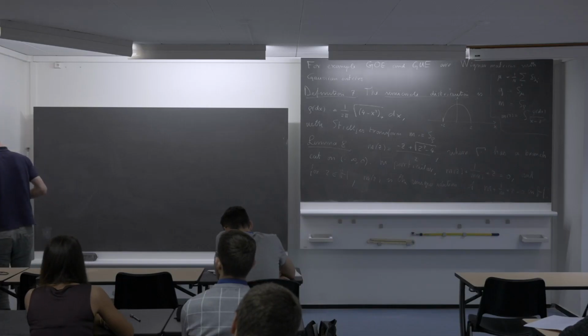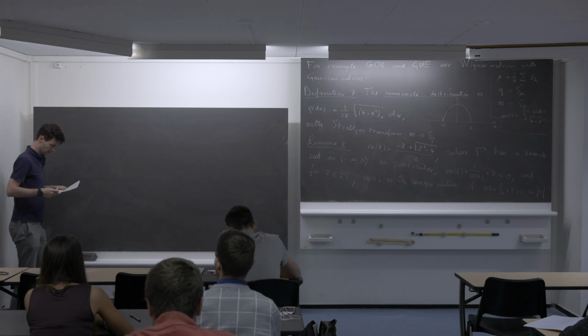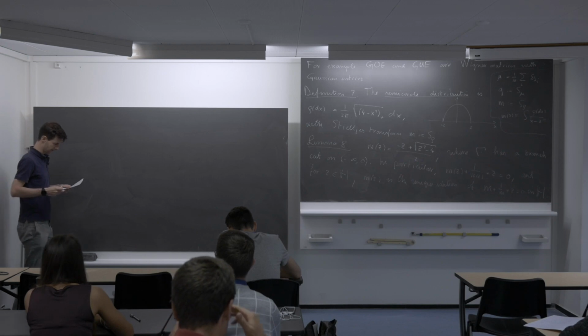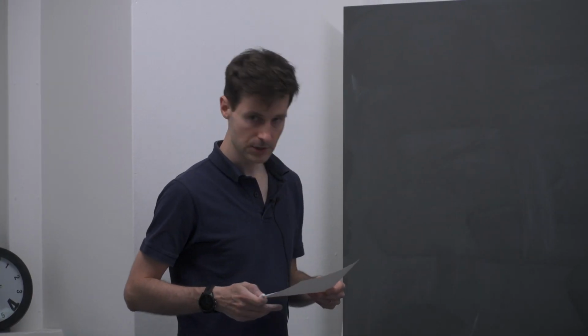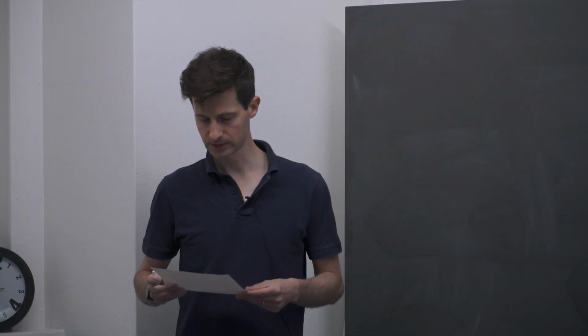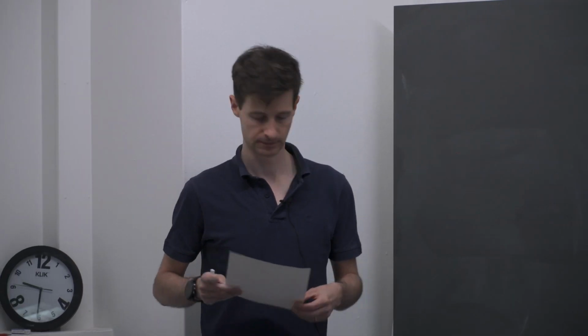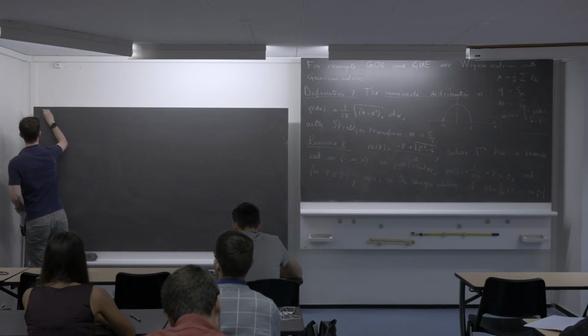All right, so before we come to the main result of basically this semester, let me introduce a very useful probabilistic way of writing estimates. So it's the following thing.